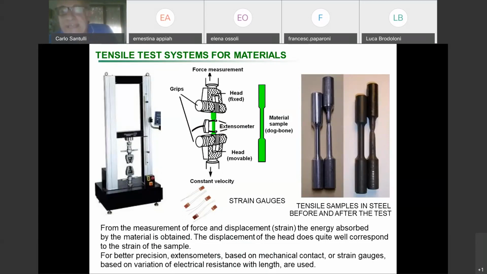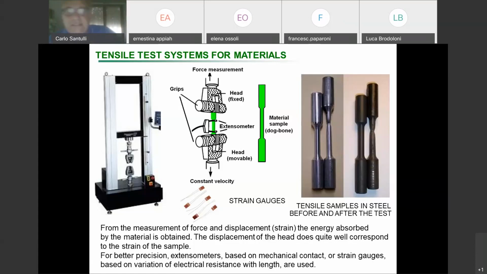With steel, you may have 10–15% elongation. With rubber, you may get to 700% elongation. So if you started with a sample which was length 1, at the end your sample was length 8. So this gives you an idea of plasticity.